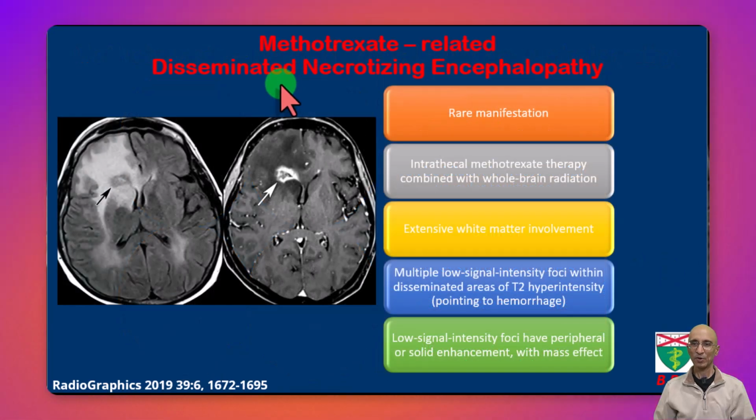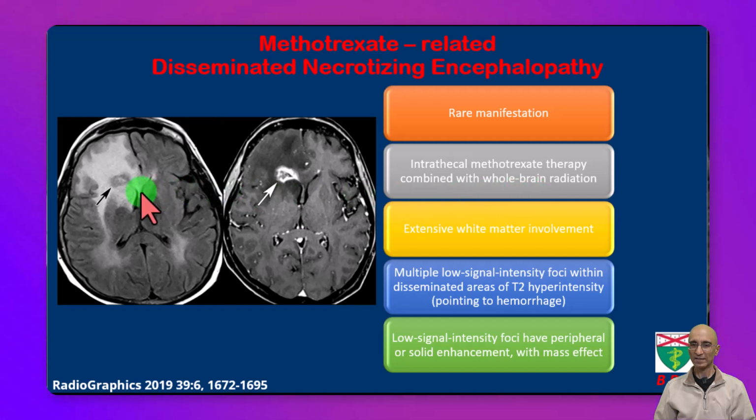As I alluded to before, the most fulminant complication is disseminated necrotizing encephalopathy. Fortunately, this is a very rare complication. It is usually seen in the setting of intrathecal methotrexate therapy in combination with whole brain radiation. In this, there is extensive white matter signal change.